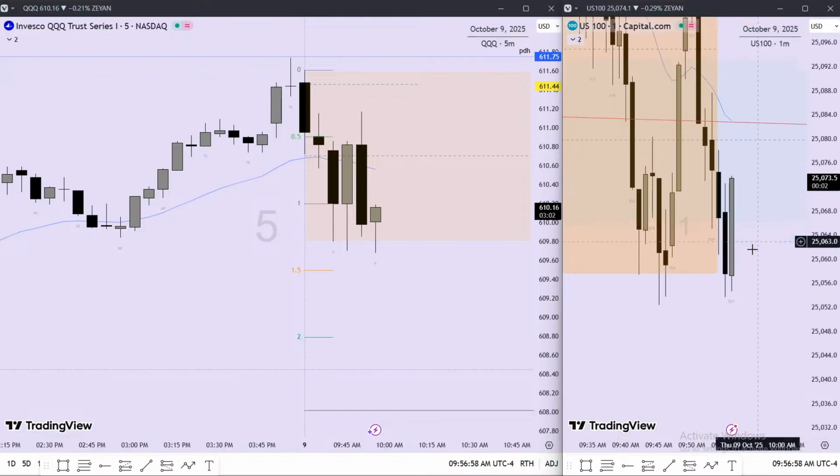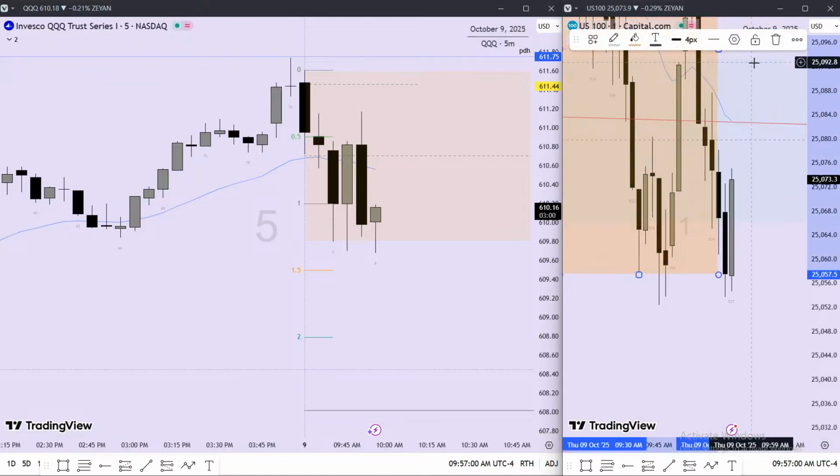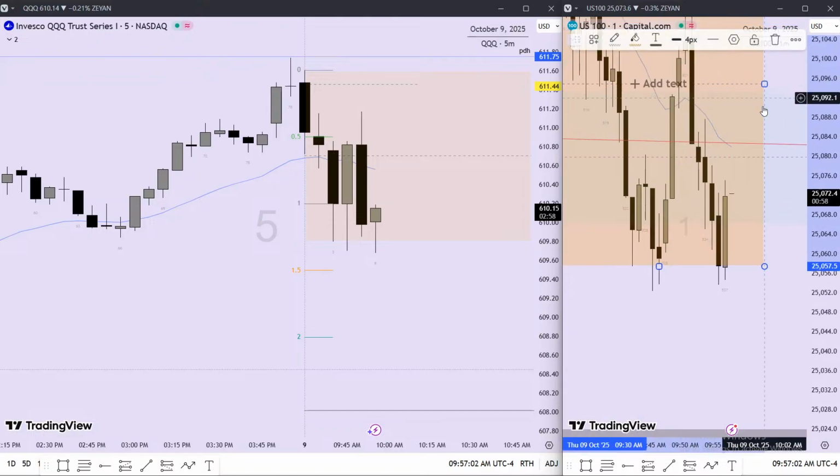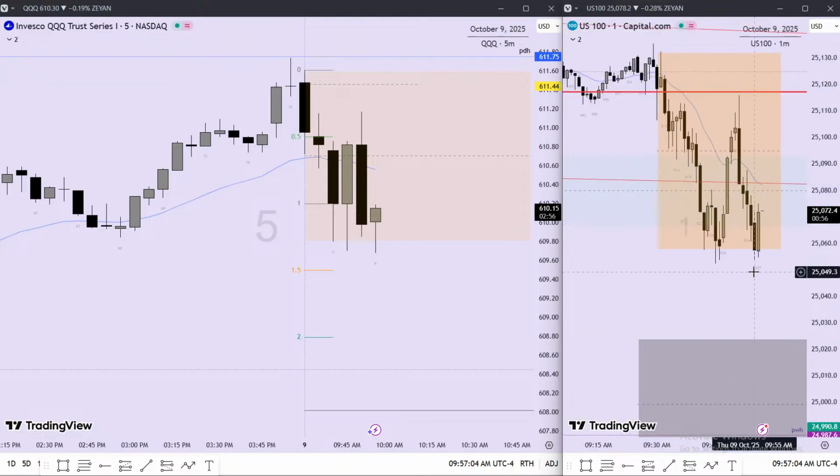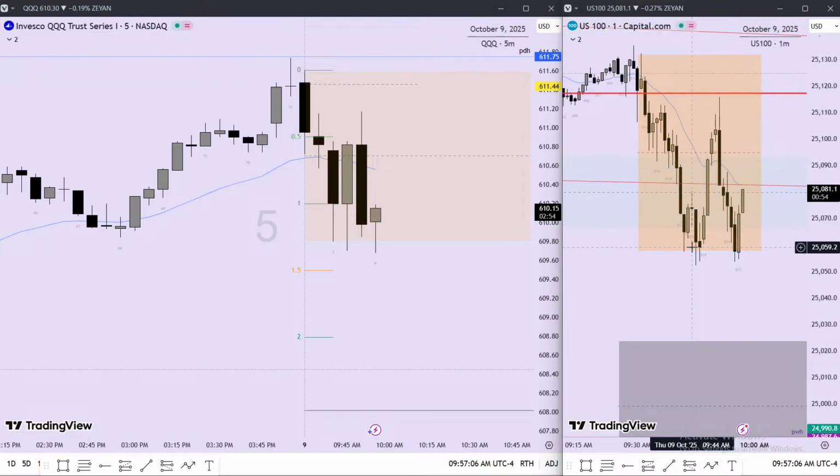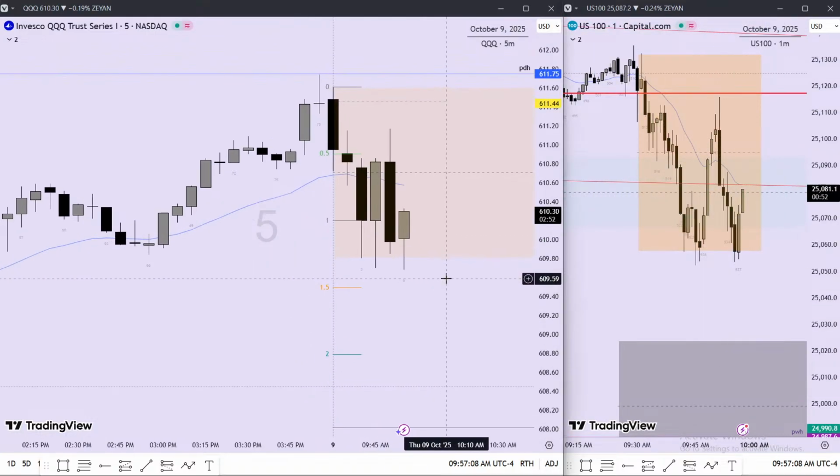Without the closing below, it's not tradable. So that was the low one short.